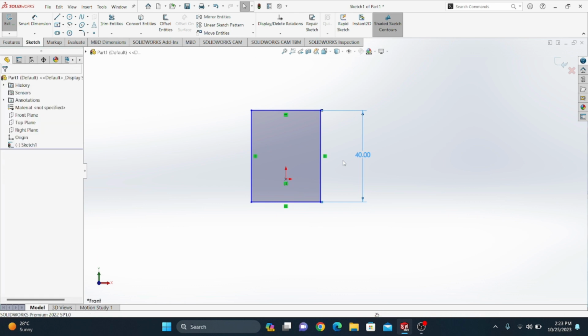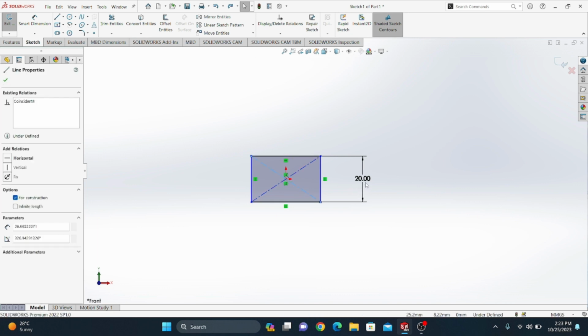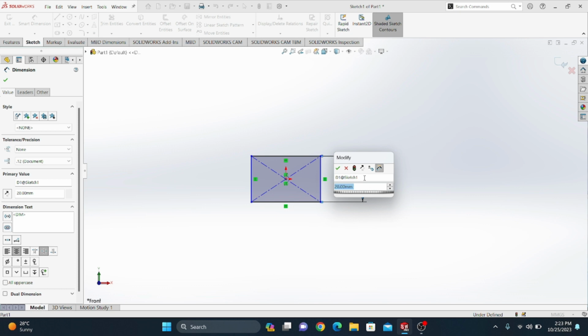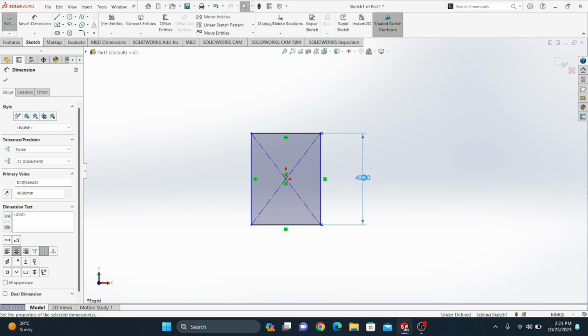But whenever these lines were inside and I change the length to 40, now look at this, the center is still at the origin, and the increase in length is symmetrical, 10 millimeters on the upper side and 10 millimeters on the lower side.